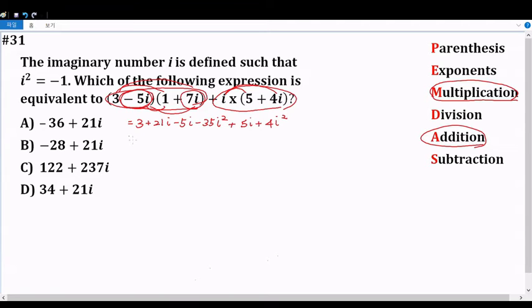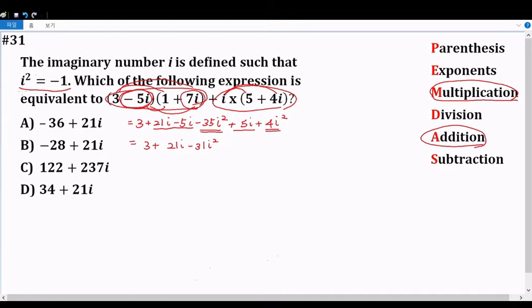Now we can add. 21i minus 5i plus 5i is equal to 21i. And there's 3. And we can combine the negative 35i squared and 4i squared, and that's equal to negative 31i squared.